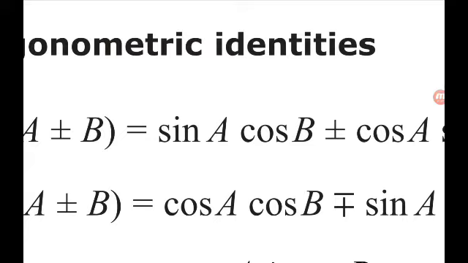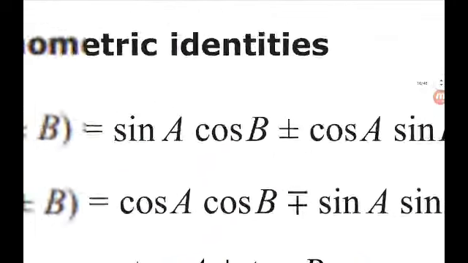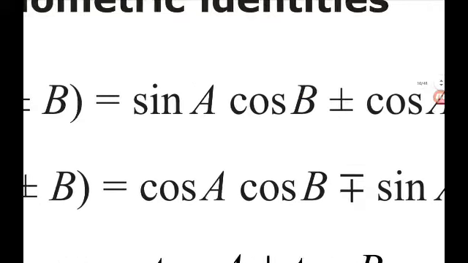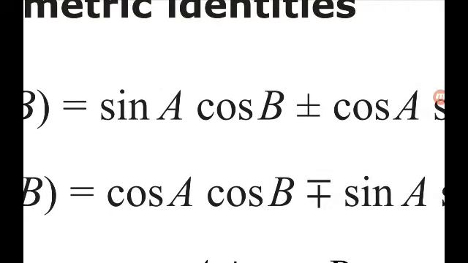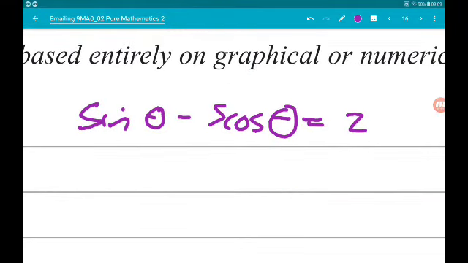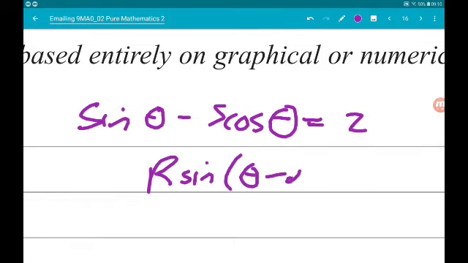So we're going to need, given that we've got a minus in the middle, to use sine of a minus b, because we've got our minus again. So we could say that this is some multiple r of sine theta minus alpha, and that is equal to 2.